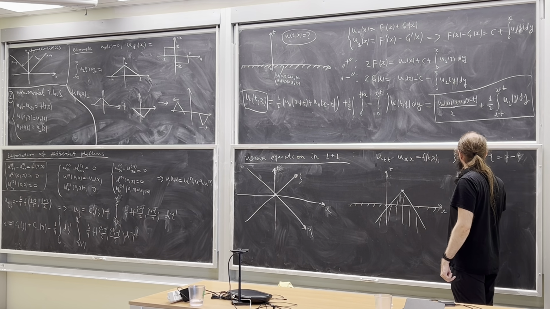So, because when t goes to 0, we have this picture: a point on this line and this integration domain.